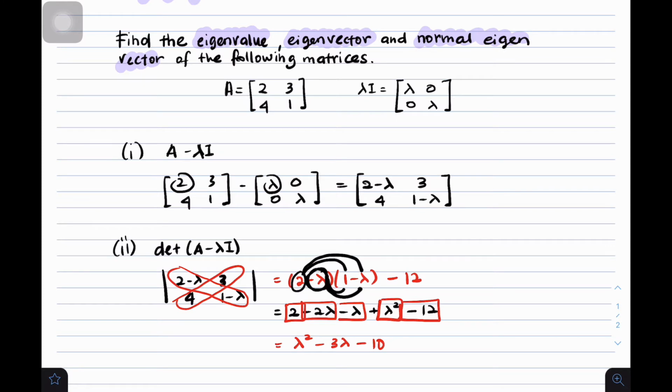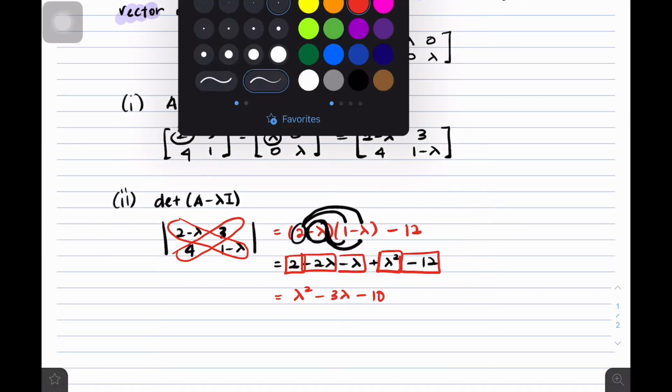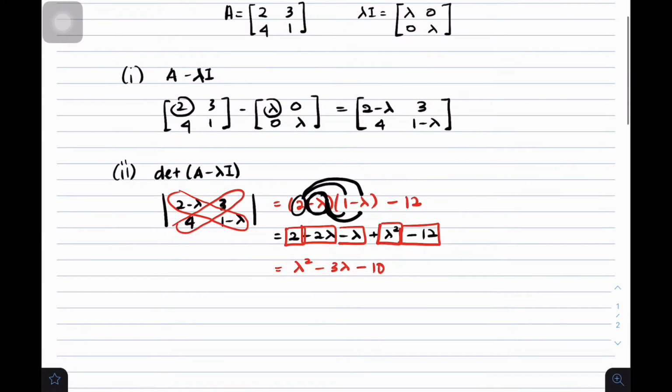Next we need to find lambda, where lambda is your eigenvalues. How to find lambda? We let the determinant of A minus lambda I equal to 0. So we let lambda square minus 3 lambda minus 10 equal to 0.